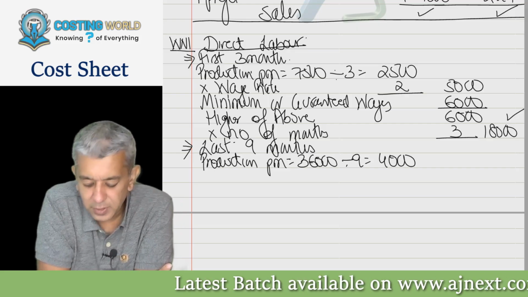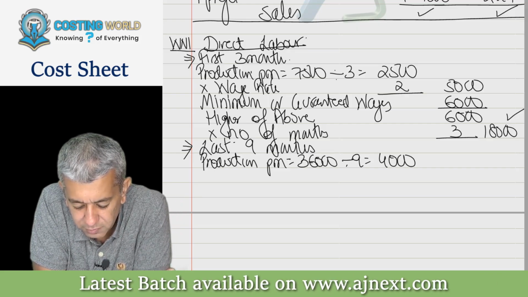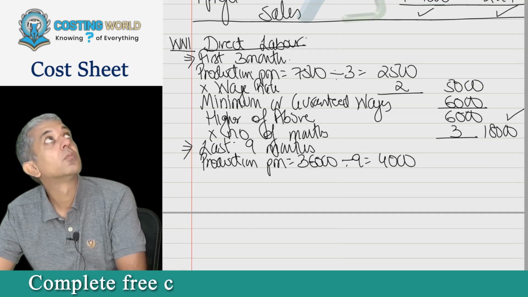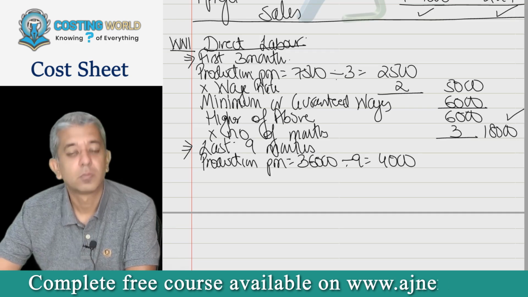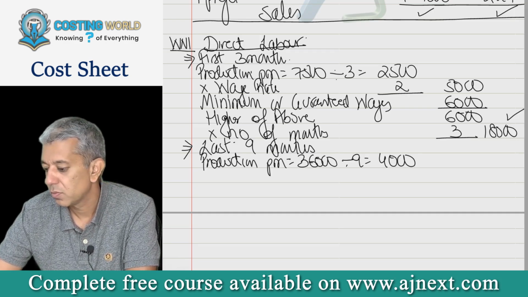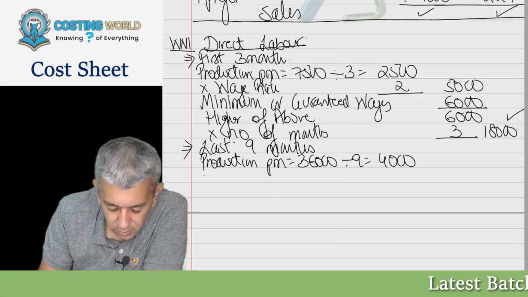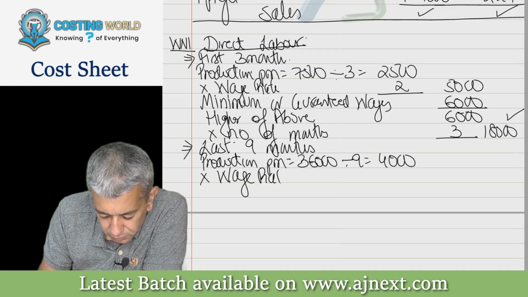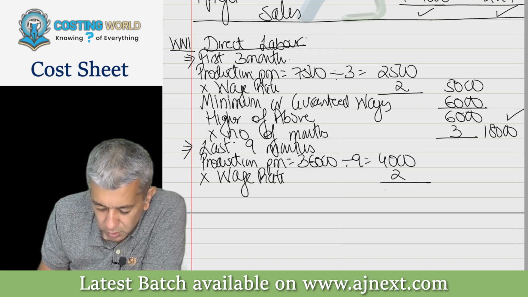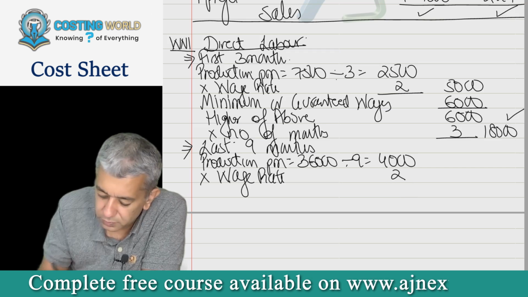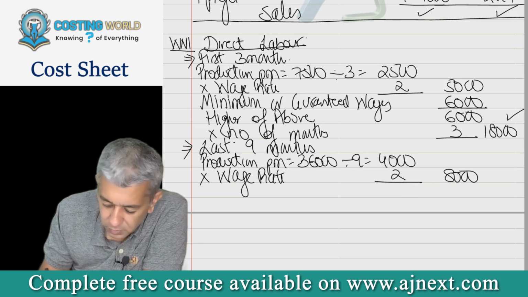In last 9 months, in every month, we are going to be producing 4,000, into wage rate. So therefore, just a sec, 8,000.